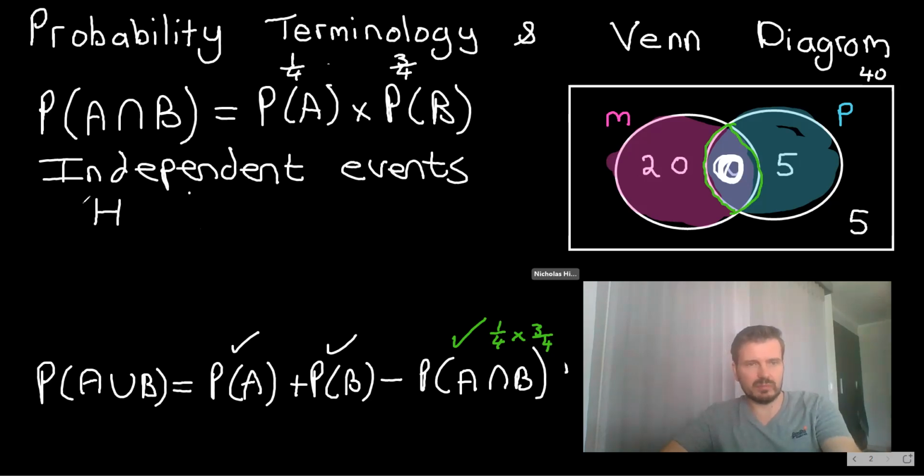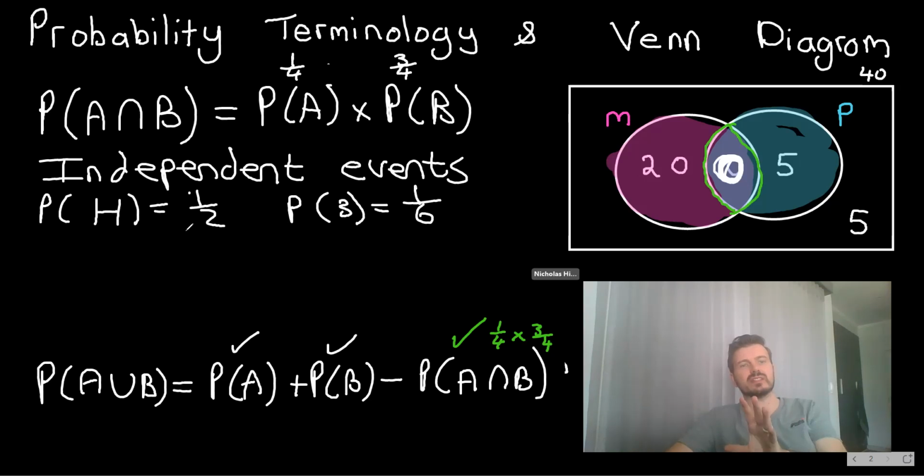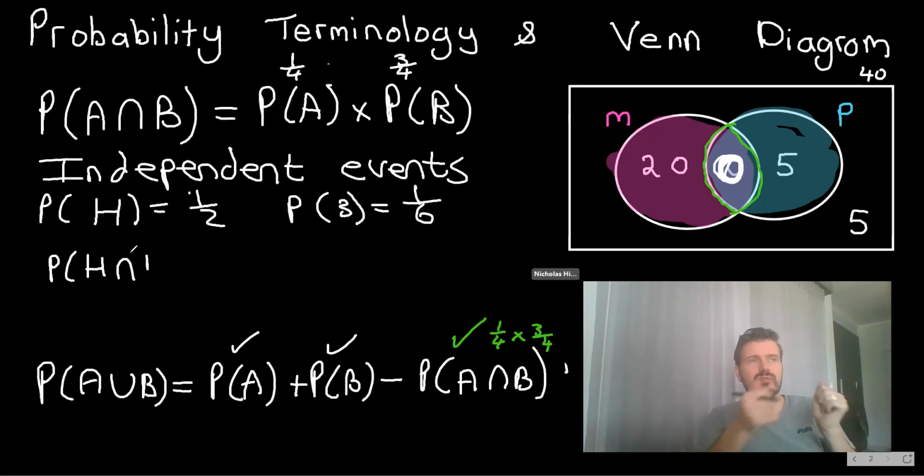So let's just say P(H), a head, is equal to 1/2. The probability of a 3, when you throw the dice, is 1/6. Now, because these are independent events, what's the probability that I throw a head and a 3? Because if I throw a head, that has no influence on when I throw the dice.